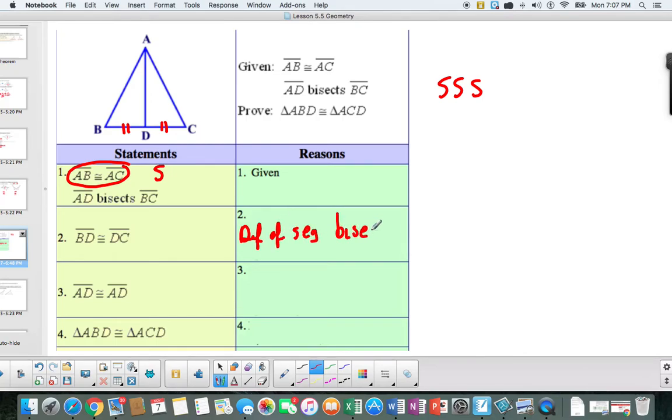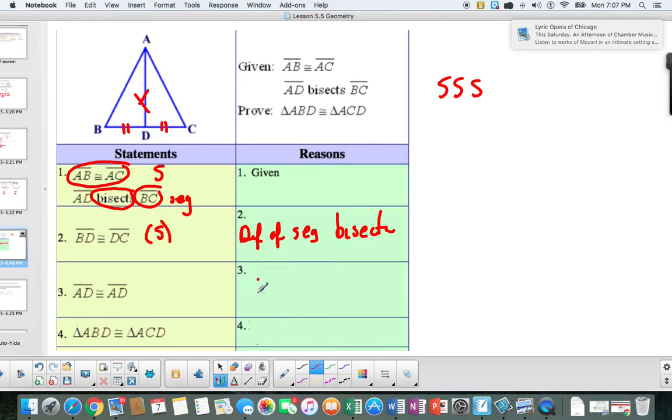I got this idea from this word bisects, and it's bisecting a segment right here. So that's what gave me the idea. And this is another S, and then they share a side in common, so that's reflexive. That's an S. And so now we've met the requirement, and that's going to be SSS.